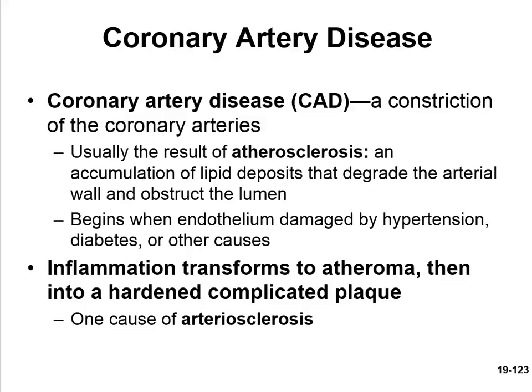This can begin with some damage, usually caused over time by hypertension and diabetes or other diseases, and then that inflammation transforms into the atheroma, that clot, and then can become hardened into a complicated plaque. And that's one cause of arteriosclerosis.